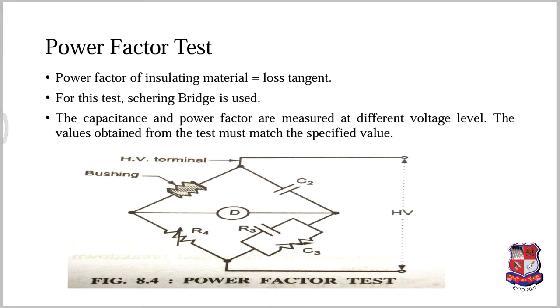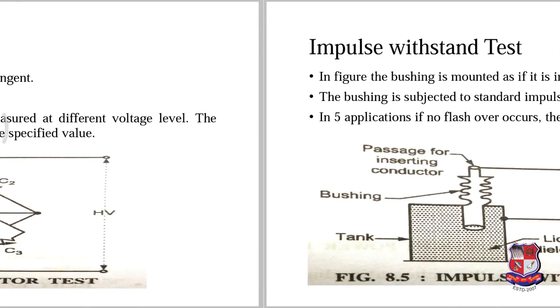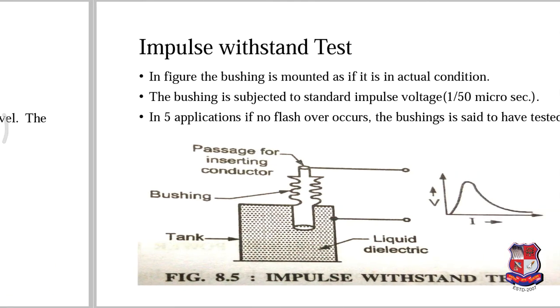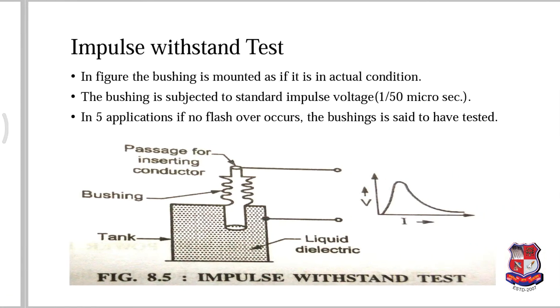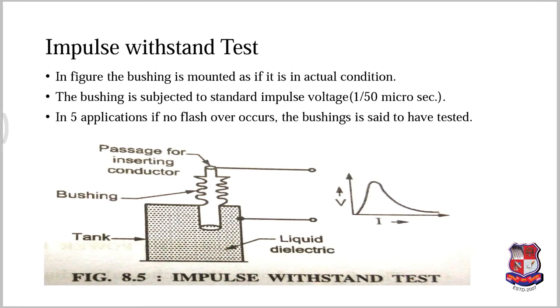It is maintained for 1 minute. Again, voltage is gradually increased until the flashover occurs, and repeated 5 times. The mean of all the flashover voltages may not be less than the specified power frequency voltage. So that is power frequency.